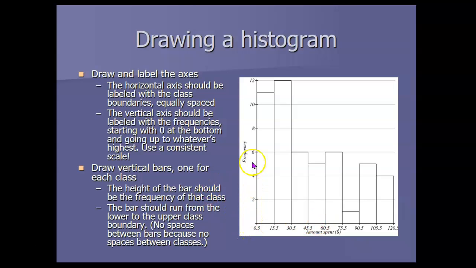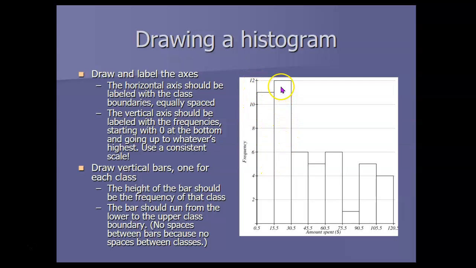And then the vertical axis running up the side of the graph should be labeled with the frequencies. That should start with 0 at the bottom. So right down here at the bottom, we're starting at 0. If one of the classes actually had a frequency of 0, then it wouldn't go up at all. And then go up high enough to get the highest frequency in.